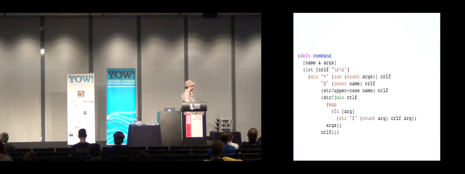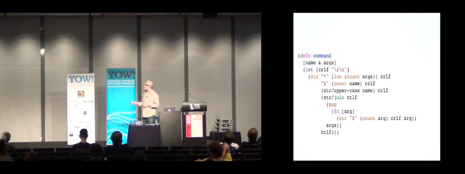Star. I'm going to count the number of arguments that are passed in. I'm going to add 1 because I have to account for the name, crlf. Next, we're going to have the number of bytes, so we'll count that name. The name is the first argument that's going to come in, crlf. We're going to uppercase the argument that's passed in. Redis likes to deal with uppercase commands.